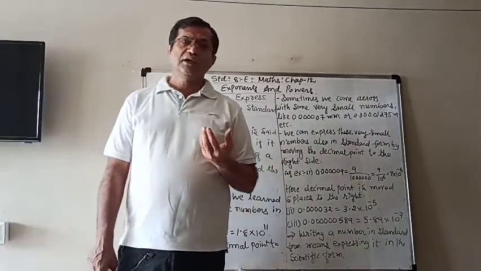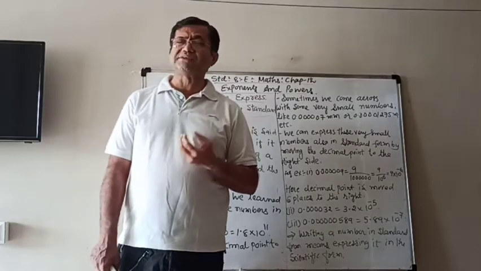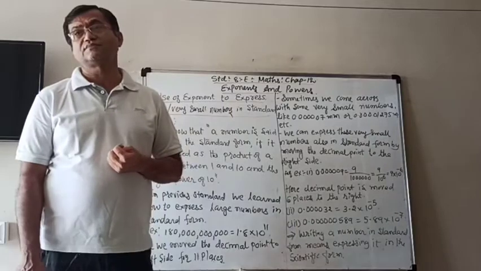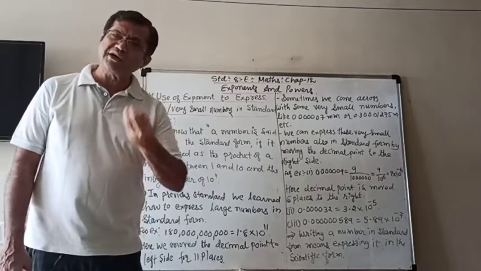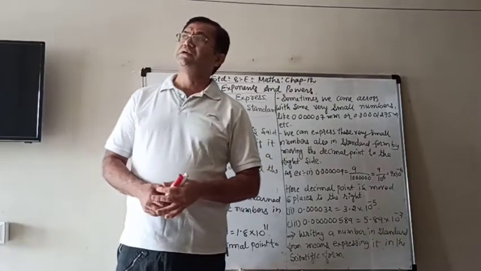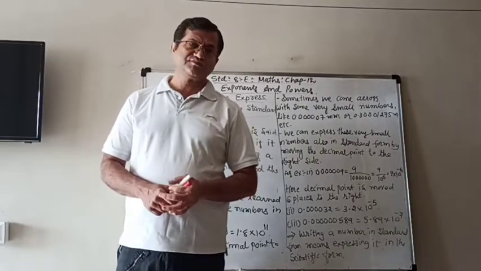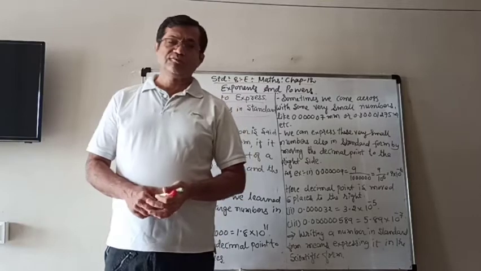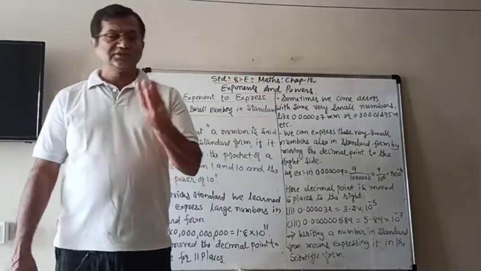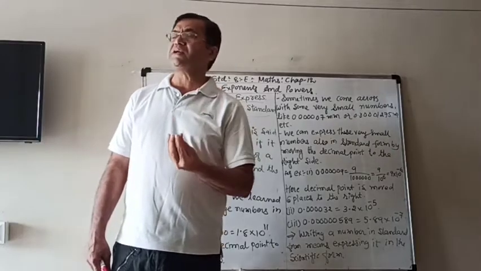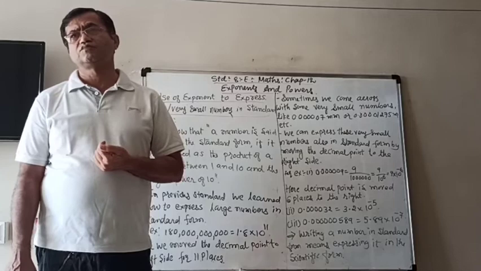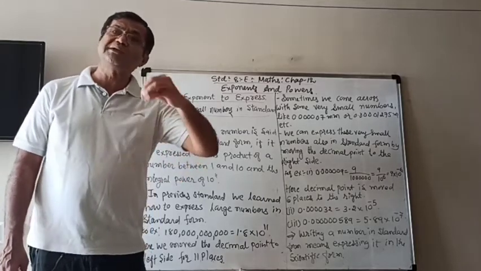Then, in science you will learn about the size of microorganisms, which are very small. Similarly, in the chemical industries, or in the laboratory when they make chemicals, the required mass of chemicals is very small, 0 point something.